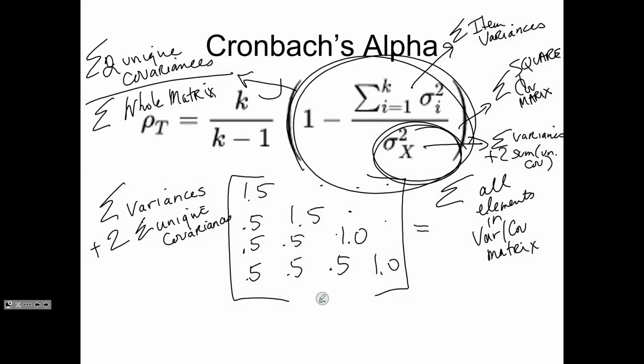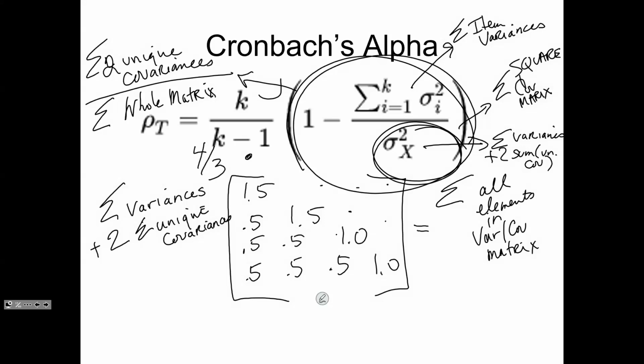Then that is just multiplied by k over k minus 1. And k here is just the number of items on the scale. So when we have a four-item scale, it's going to take whatever this whole thing is and multiply it by 4 divided by 3.